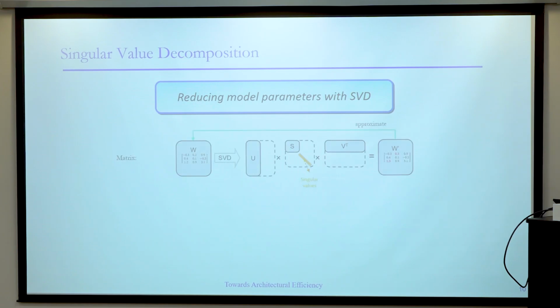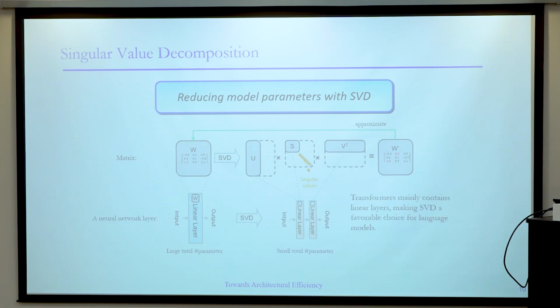Large language models mainly contain linear layers, and this makes singular value decomposition a very favorable choice for language models. Given a linear layer, as you can see in this figure, its weight matrix can be approximated by two smaller weight matrices from the result of singular value decomposition.